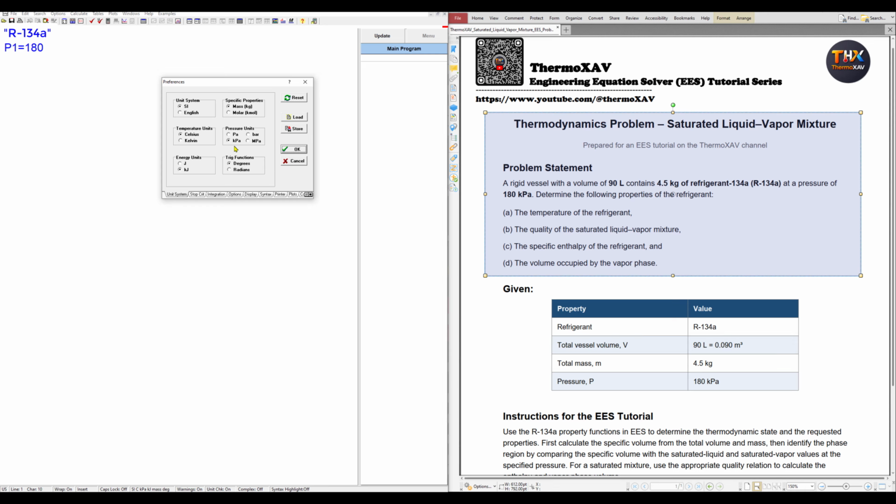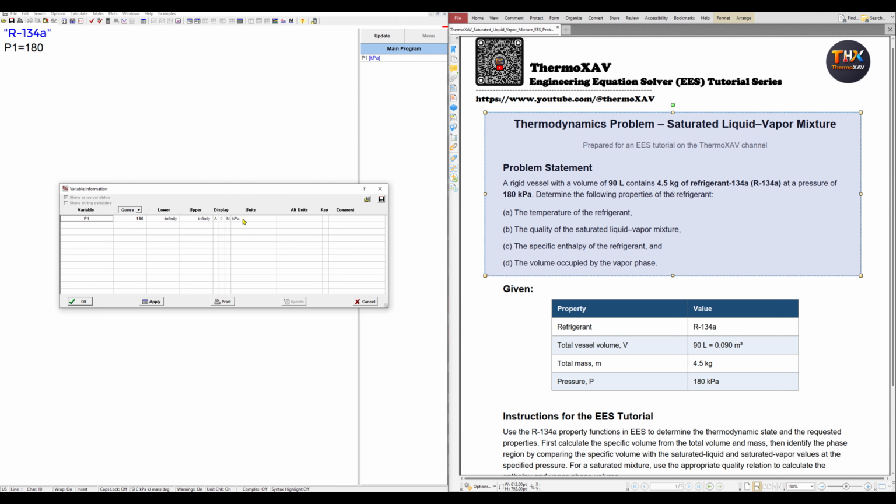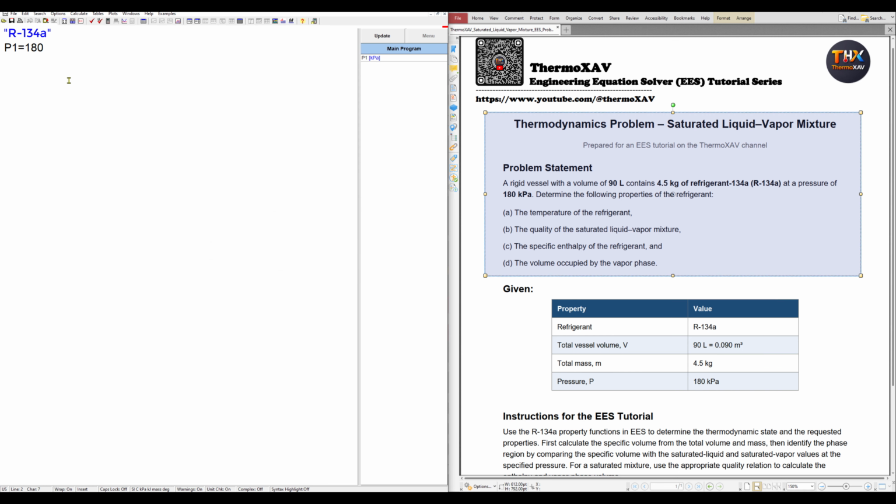But in your case, if it's a different unit, you can simply change it in this window. So the pressure is 180, and the unit is kilopascal.